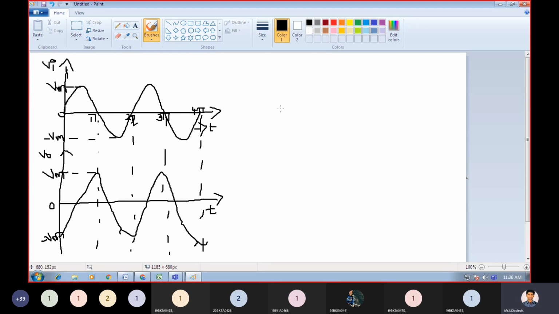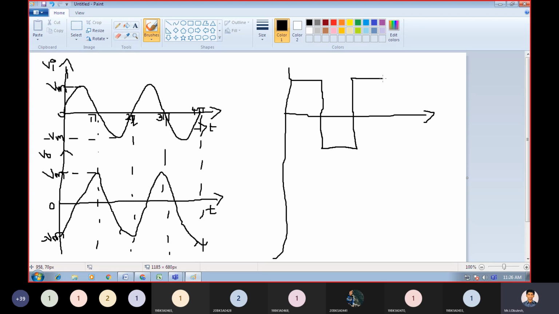Assume that the input signal is a square wave, then what is the output wave and what is the input wave? Assume that this is 1 volt, this is 0, Vi you need to take in this direction.